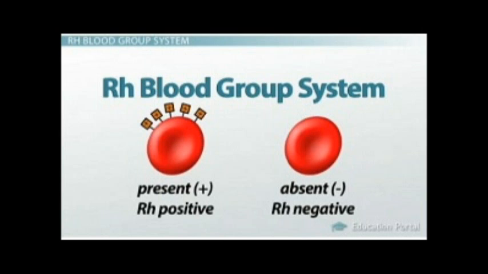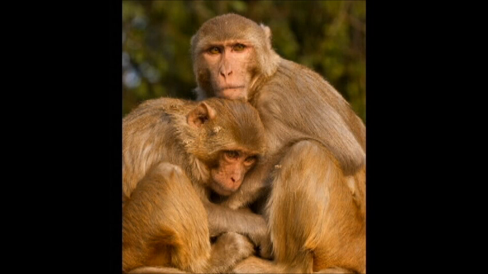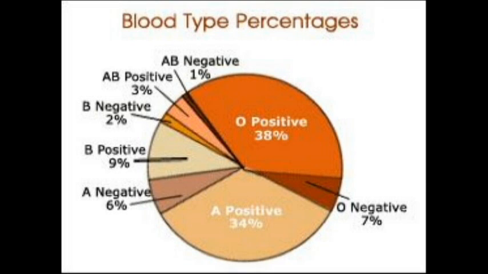When a person has Rh positive blood, it just means that their red blood cells contain a protein called the rhesus blood factor. So this protein is linked to the rhesus monkey. This protein is attached to the red blood cells, and it can be found in 85% of the human beings on the earth.